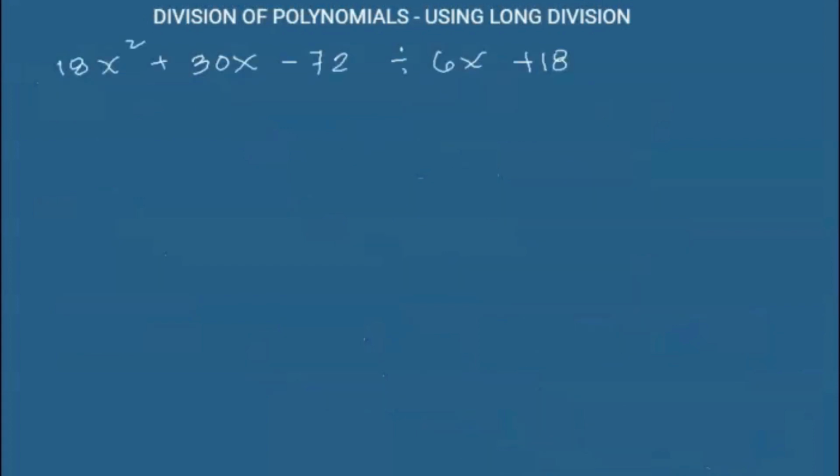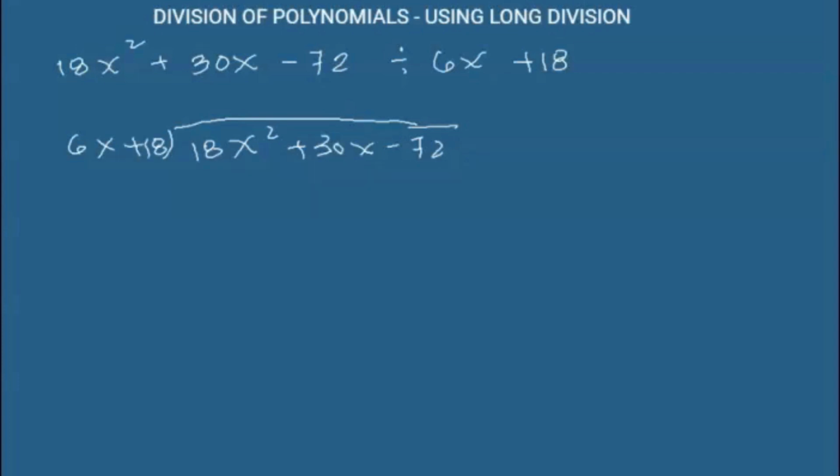Next example, 18x squared plus 30x minus 72 divided by 6x plus 18. Inside will be the 18x squared plus 30x minus 72, and our divisor is 6x plus 18.